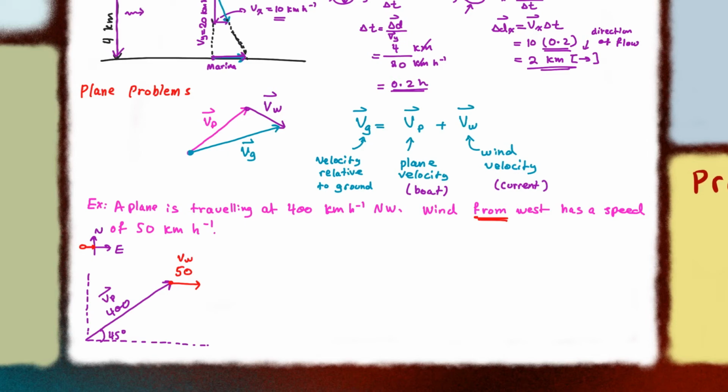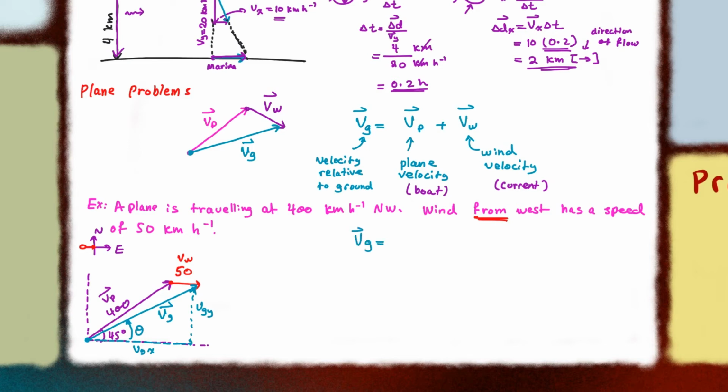And the resultant velocity is the ground speed, which is going to originate from the tail to the head of the final vector. So we have an angle from the east to our final vector, and we've got an x and y component to that vector as well.